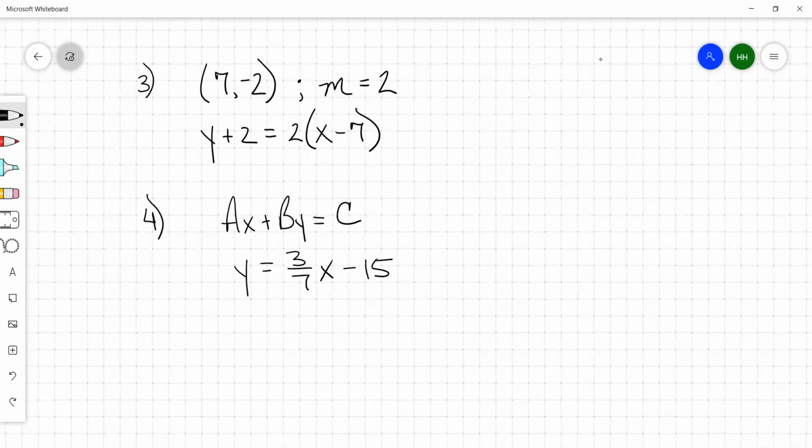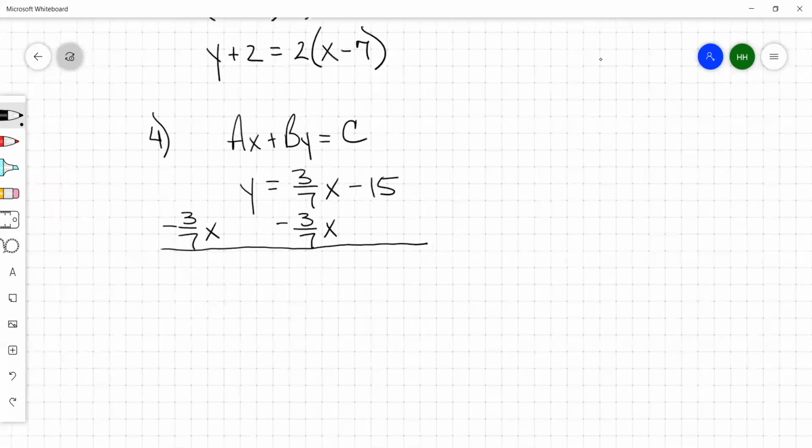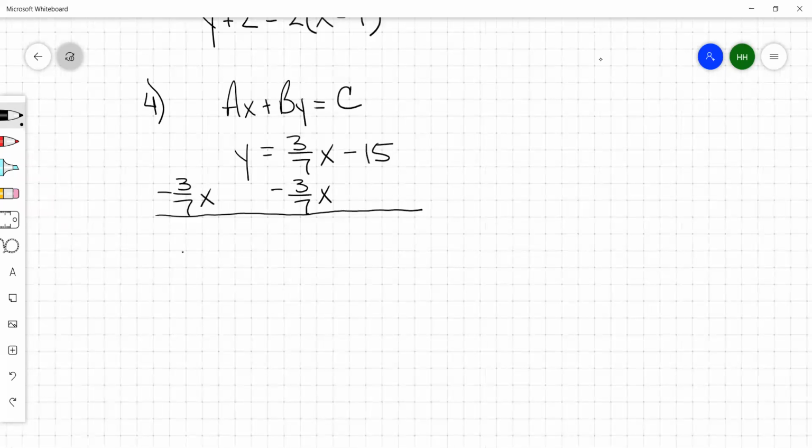So we need this 3/7 x on the left side of the equal sign. So we subtract 3/7 x from each side. So we get negative 3/7 x plus y is equal to negative 15.